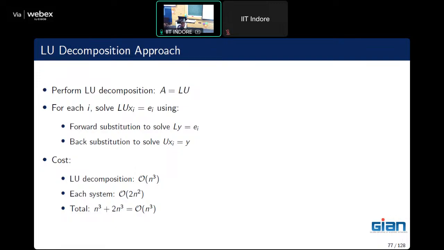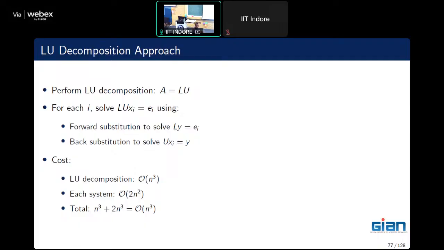So how many flops does each one take? 2n cubed by 3 for the LU. And how many such systems do we have? For each i you solve Axi equal to Ei, so you have n of them.